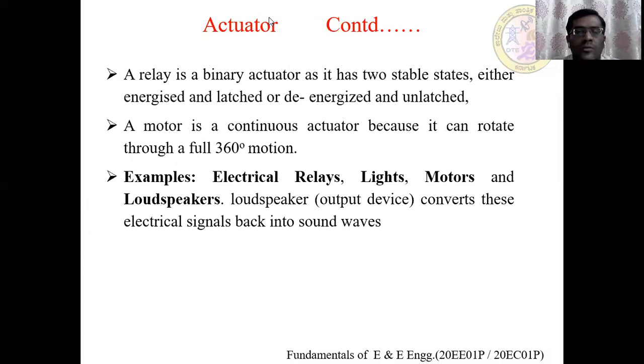Relay can also be used as an actuator. A motor is a continuous actuator because it can rotate through a full 360-degree motion. Some examples of actuators: electrical relays, lights, motors, and loudspeakers. A loudspeaker converts electrical signals back into sound waves.